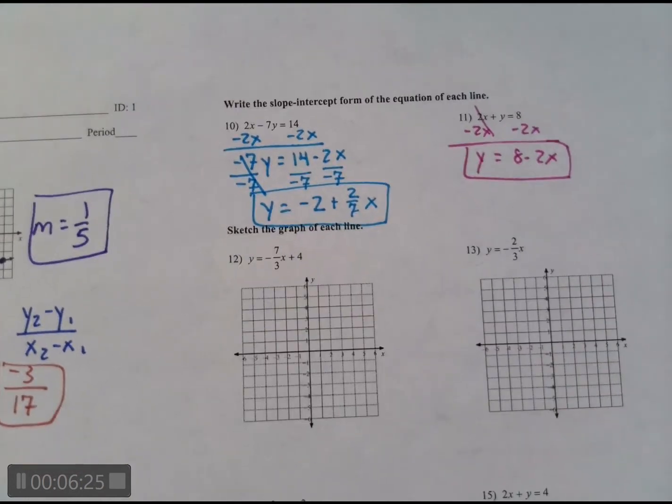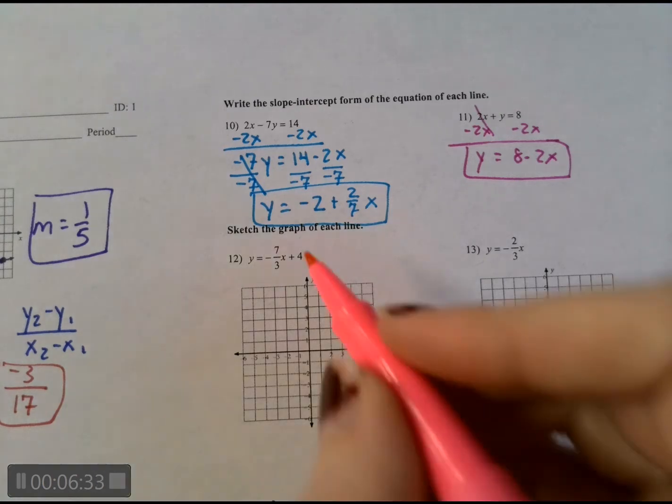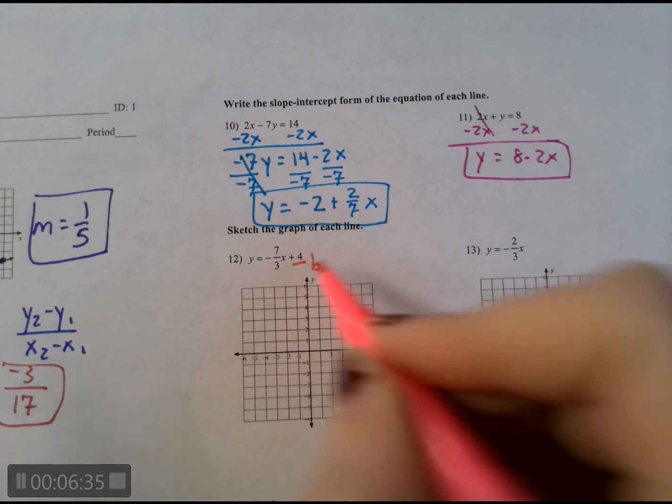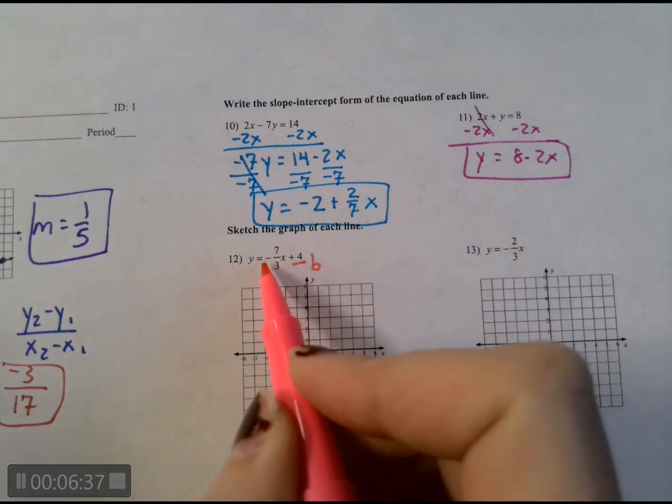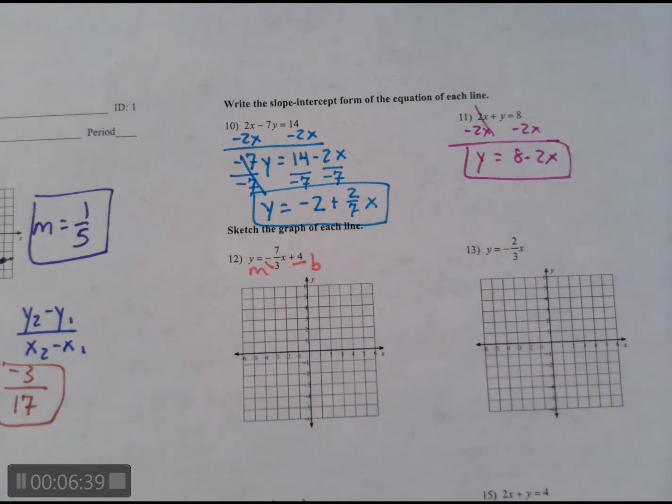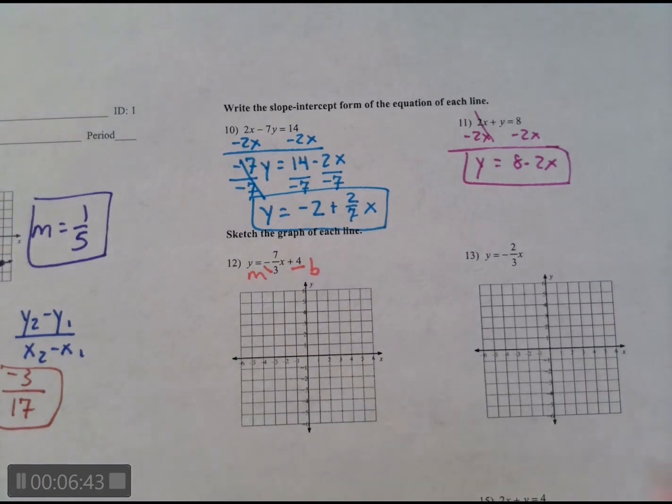Okay. Next, sketch the graph of each line. Alright, so remember, this is my y-intercept, and this is my slope. Okay? So we start at 4.